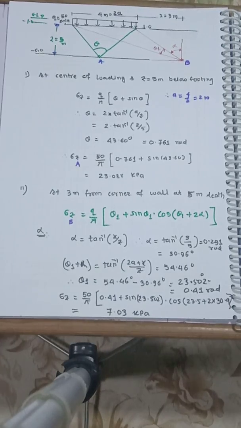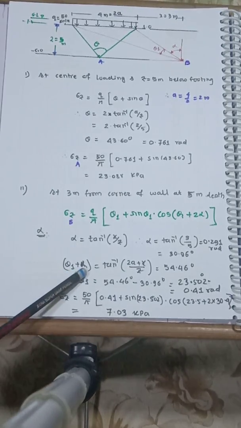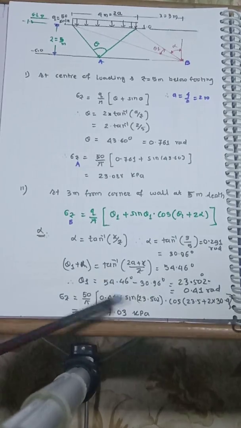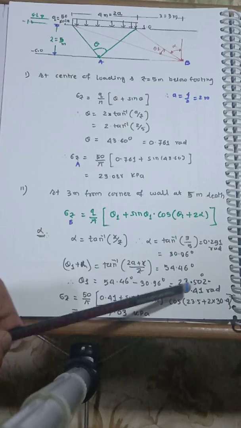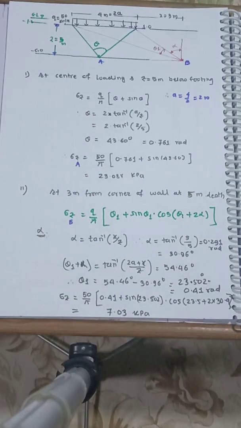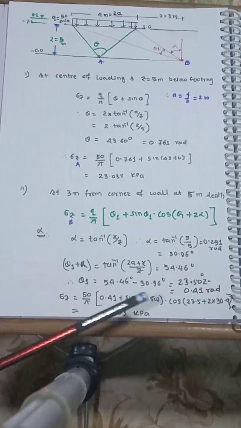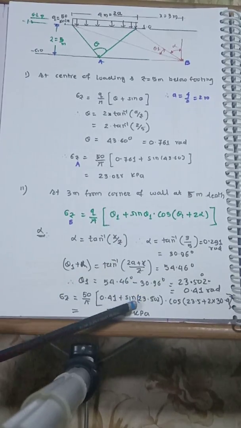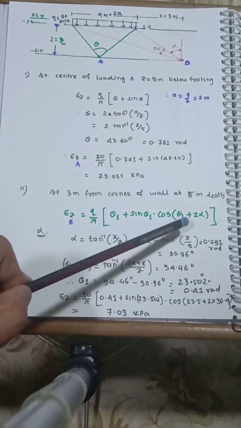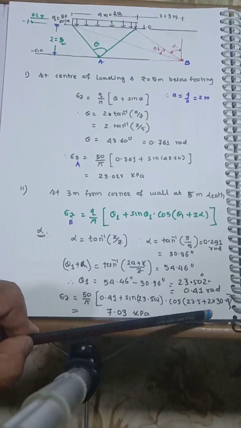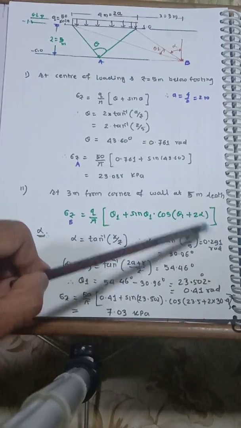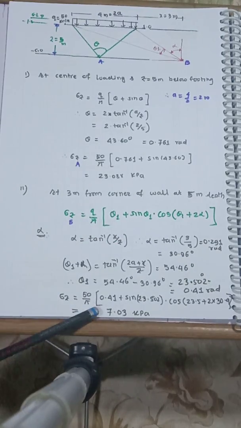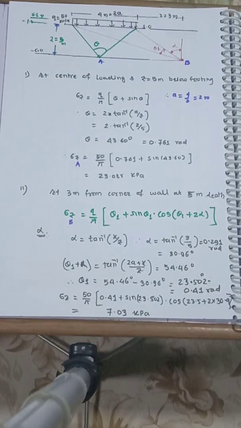Therefore from this total subtract the alpha, so you get theta 1 as 23.50 degree or 0.41 radian. Now substituting this theta 1 as 0.41 in radian, then sine theta 1 in degree, then cos of theta 1 in degree, plus 2 times the alpha value. After substitution we get a total stress of 7.03.